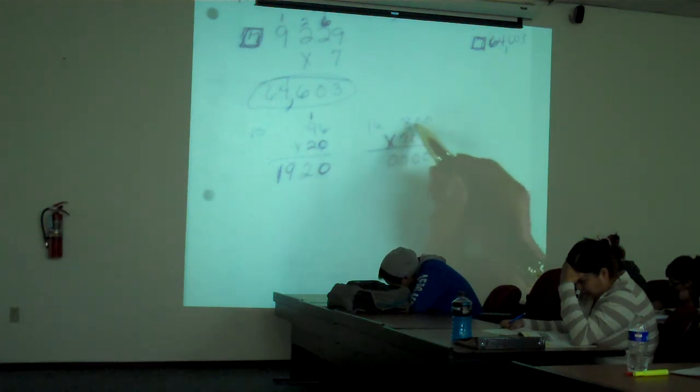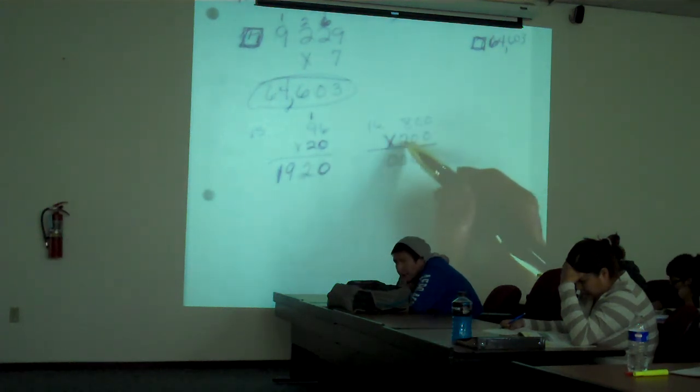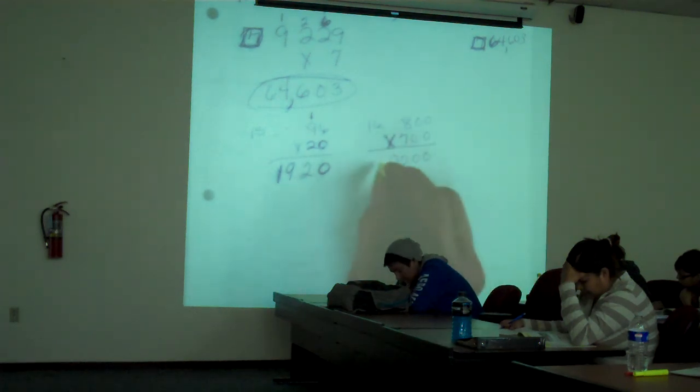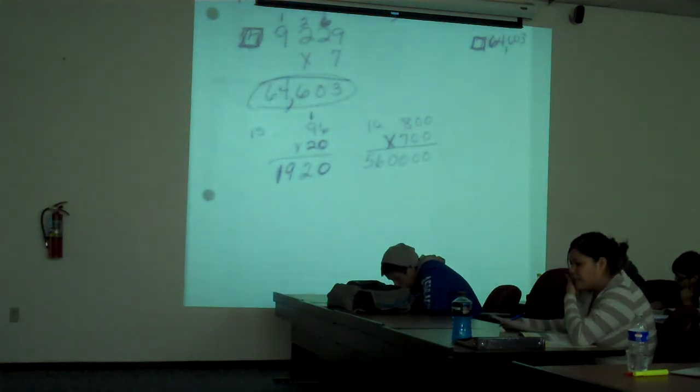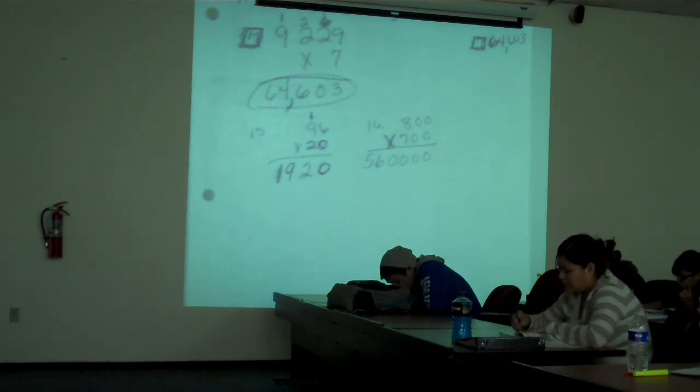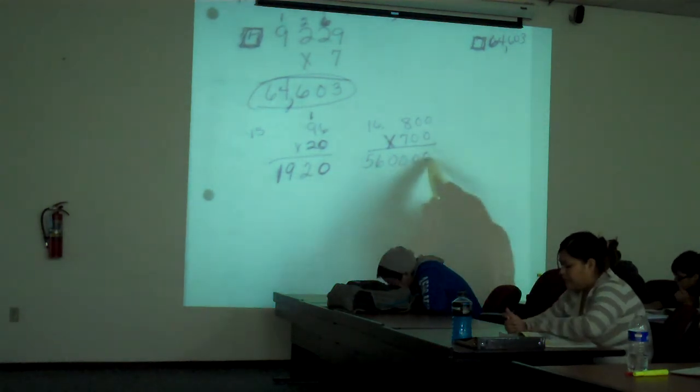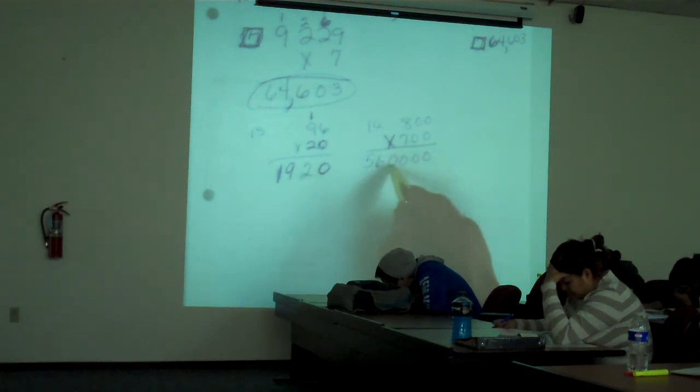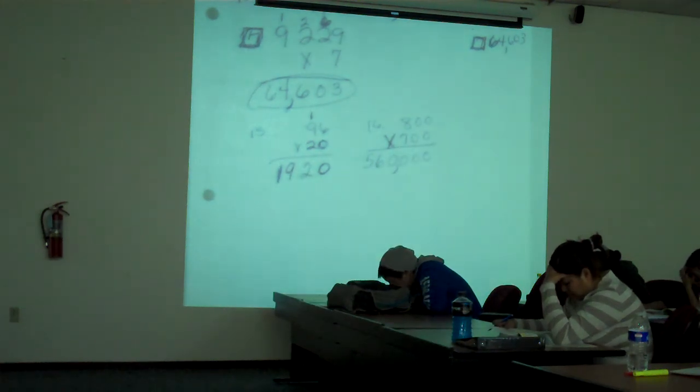So I have 1, 2, 3, 4 zeros. And then just do 7 times 8, 56. 56. Where's the comma going to be? 30. Yeah. 30 is right. Come over 3 or be after your first 0 here. And don't forget to put your answer in your answer column.